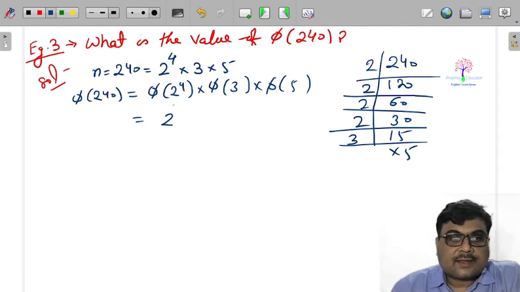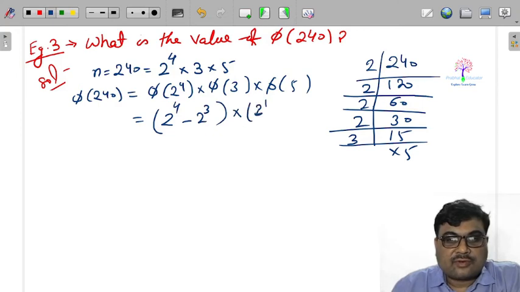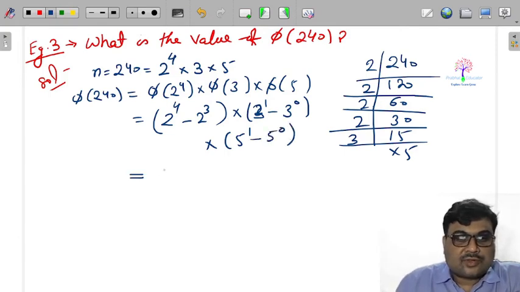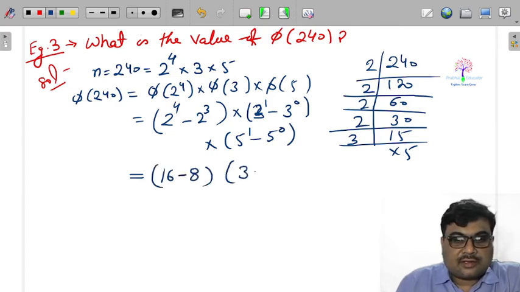Using p to the power k minus p to the power k minus 1, formula number 4 or statement number 4: 2 to the power 4 minus 2 to the power 3, that is 16 minus 8, then 3 minus 1, 5 minus 1.